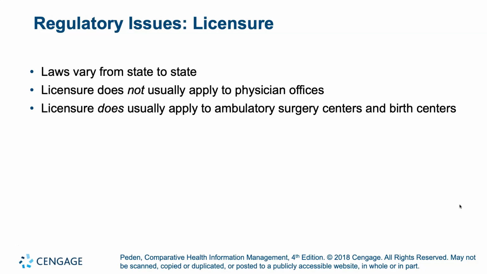The providers all have to be licensed, but the setting itself may not have to be, and that varies from state to state and from type to type. So again, a chiropractor's office may not need to be licensed, and a behavioral health clinic may not have to be licensed. But in other states, maybe they do. It's just going to vary, and you're going to have to do research to know what your state requires.